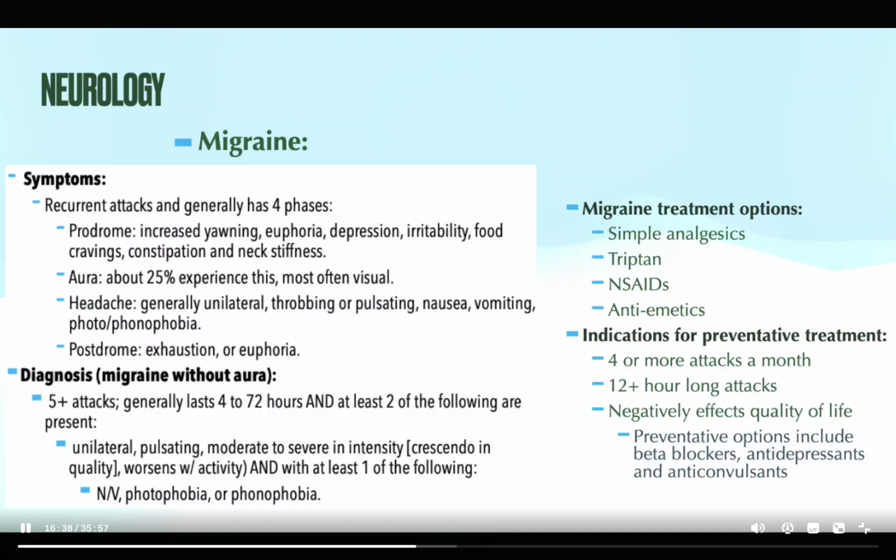Antidepressants such as amitriptyline or venlafaxine are also sometimes used. And then anticonvulsants as well, so valproate or topiramate. Those are often also used as another option. So there's a couple different treatment availabilities there for preventative treatment if they're experiencing those more frequent and severe symptoms.